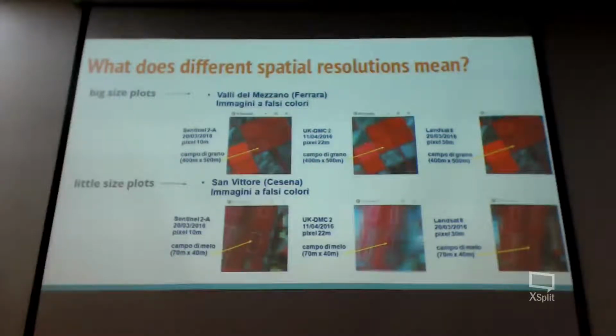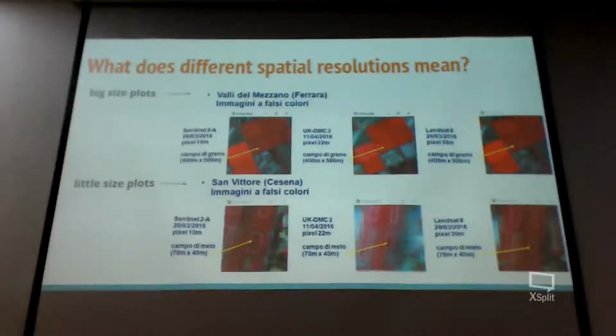Here we are looking at a plot of wheat with a dimension of 400 by 500 meters, where the use of Sentinel-2B with 10-meter resolution, of the DMC2 satellite with 22-meter resolution, or of the Landsat satellite with 30-meter resolution could be almost the same, because we have a sufficient number of pixels that characterize the plot.